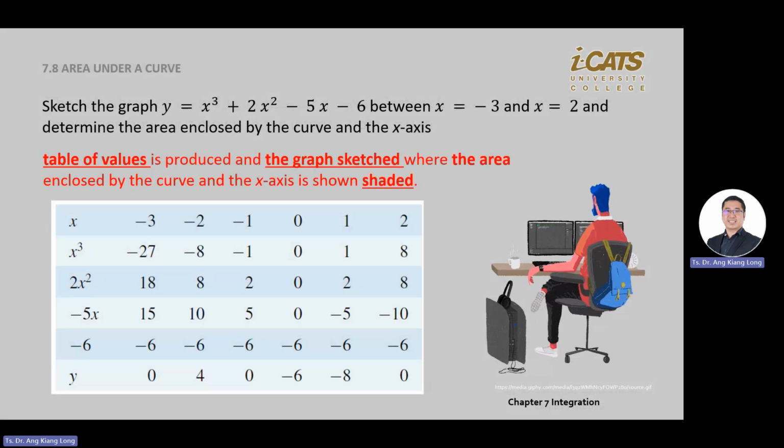You do -2. You do -1. 0, 1, and 2. Okay. You can skip -2. You can skip -1. You can skip 1. This means you find the intersection points when x equals -3, x equals 0, and x equals 2.